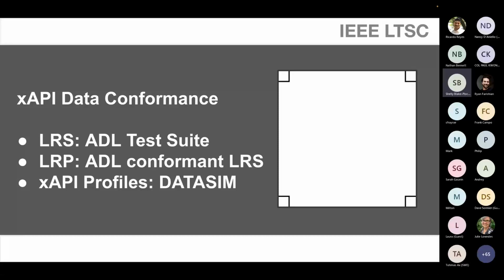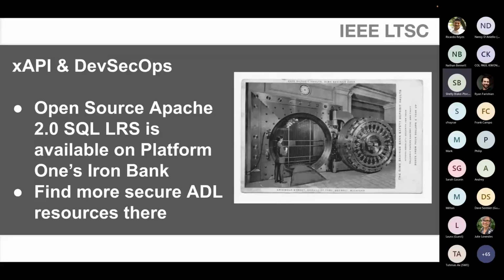can provide you with data conformance that enhances your security stance. xAPI and DevSecOps: currently, ADL is undergoing a project to set up reference models of the total learning architecture within DevSecOps. That includes a variety of applications and systems. Again, full transparency, the open source Apache 2.0 SQL LRS is a project that my team works on.